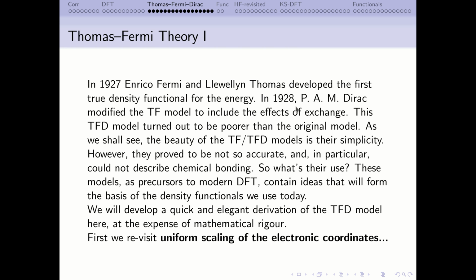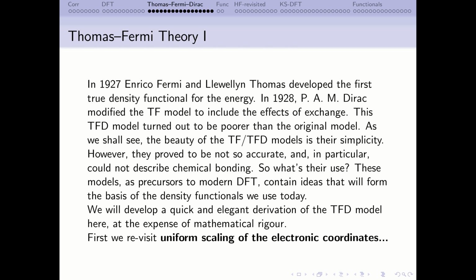And in 1928, Paul Adrian Maurice Dirac modifies it to get what's Thomas-Fermi-Dirac theory, and he includes the exchange interaction into this functional.